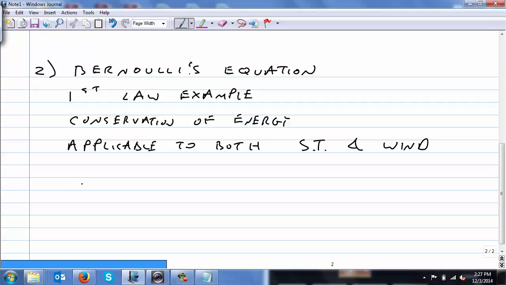Strain, kinetic, and potential? I think that's right. Strain, kinetic, and potential. Is that making sense to you at all? Yeah, I just don't have the strain. Okay.